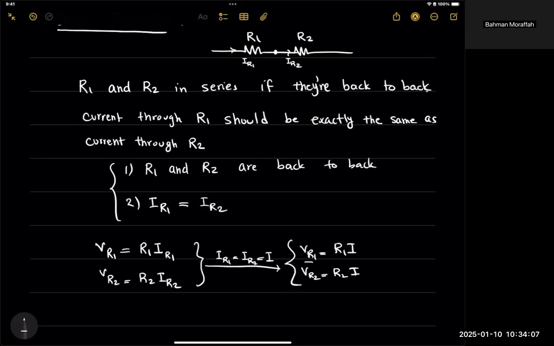So voltage across R1 is proportional to the value of R1, and voltage across R2 is proportional to the value of R2. The only time the voltages across R1 and R2 are the same is when R1 is exactly the same as R2. What we do know, however, is that the current through two resistors back to back, or in series, should be the same.